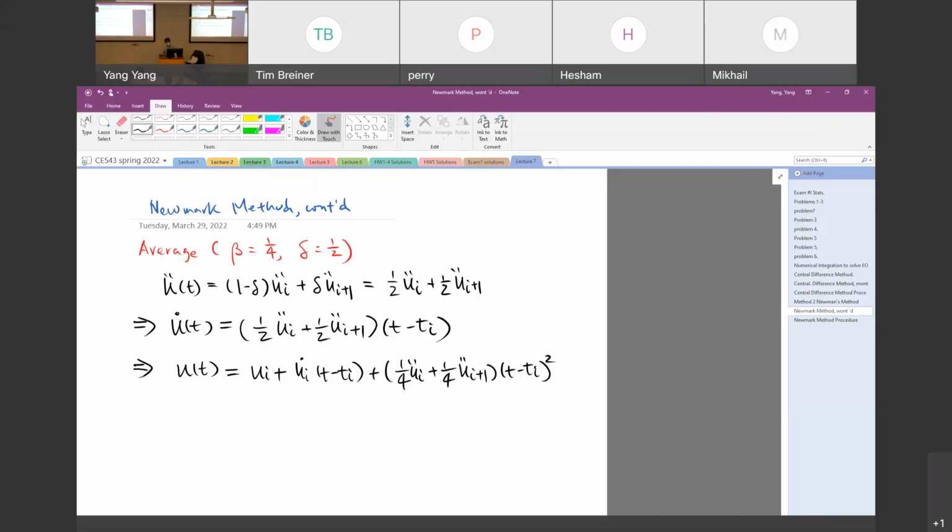Excuse me. Yes. And in the second equation for the velocity, should we add the initial velocity to this equation? You mean the initial velocity?